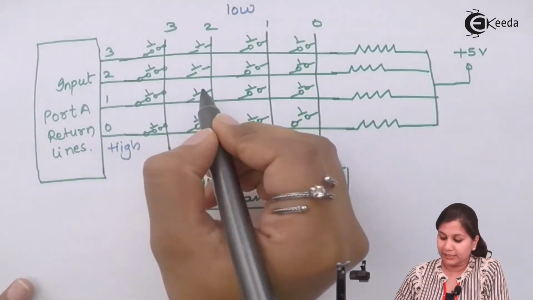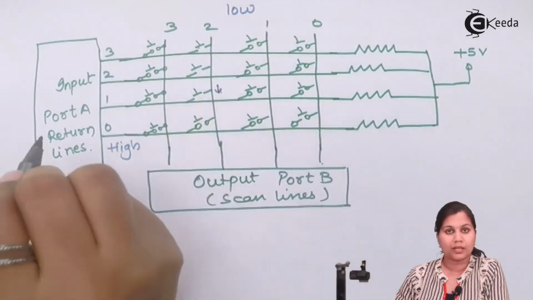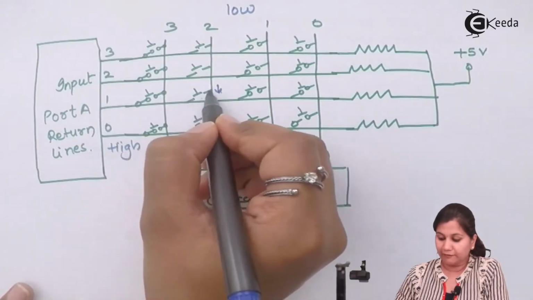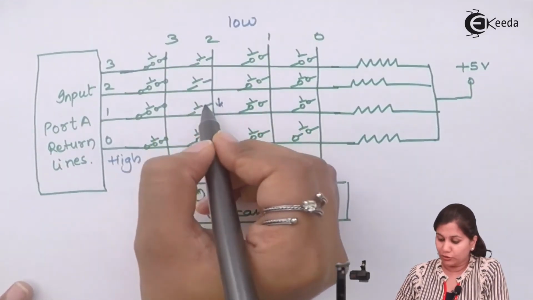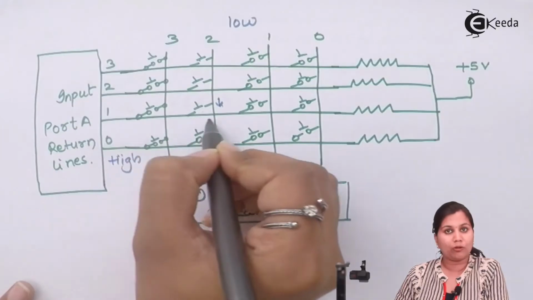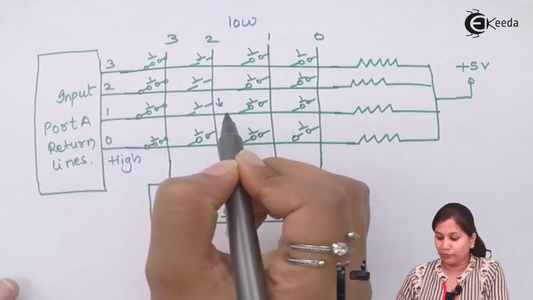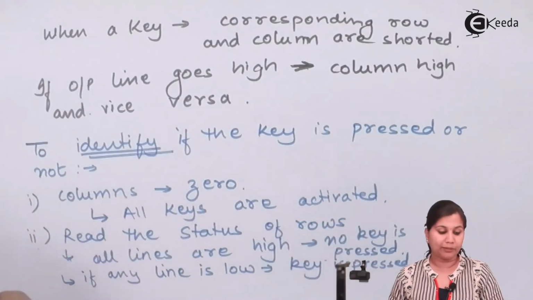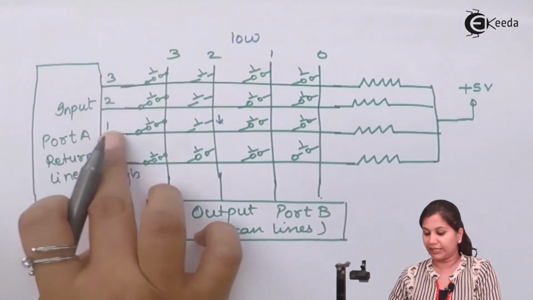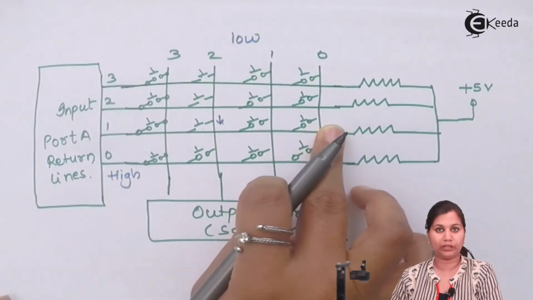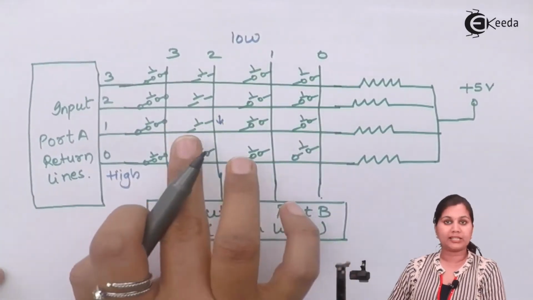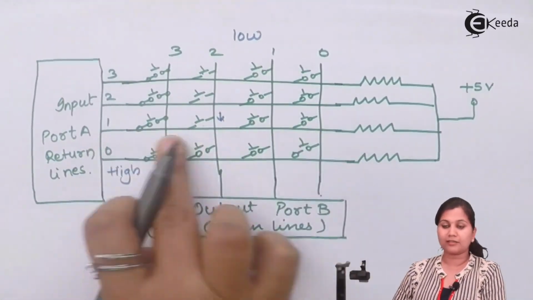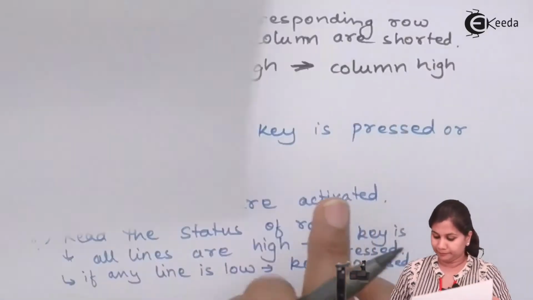Suppose this key is pressed, so this line will be shorted. If it is low, then at this line also we will get a low. So by this, the microcontroller will get to know that because on this row 1 input line we are getting low, a key is being pressed in this row.